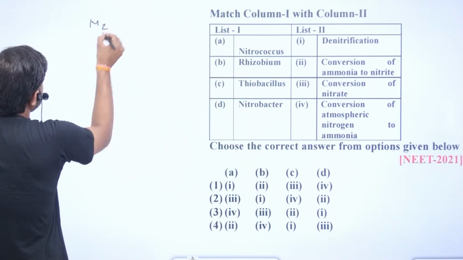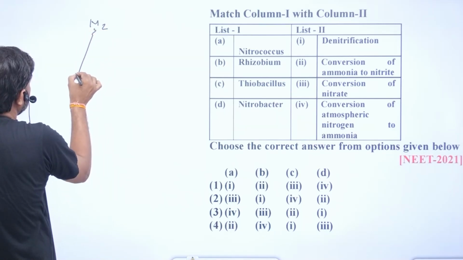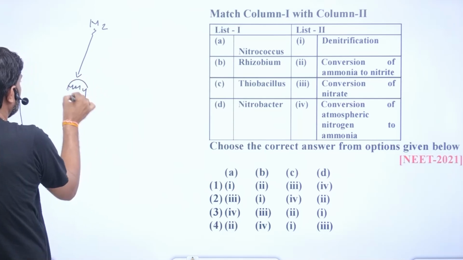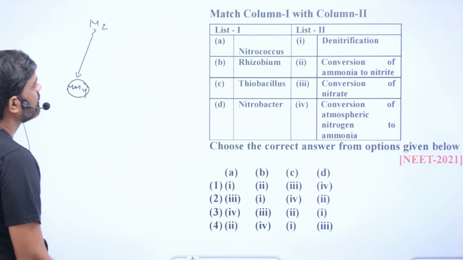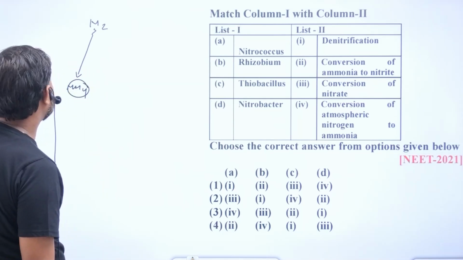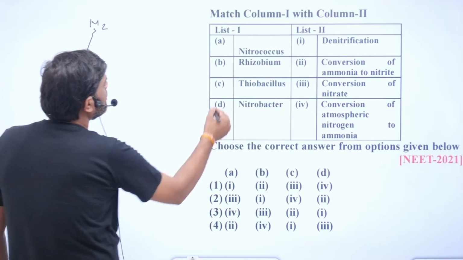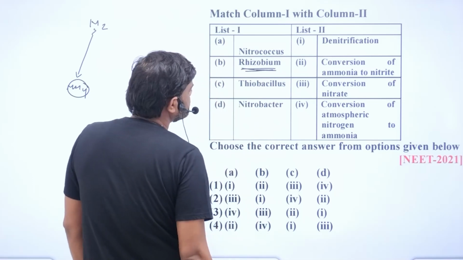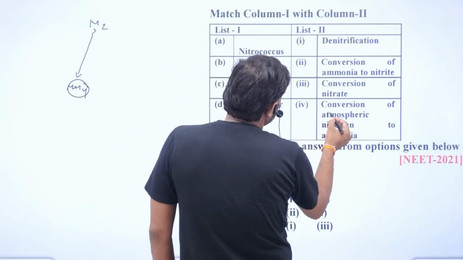Atmospheric nitrogen converts to ammonia, ammonium ions. This is biological nitrogen fixation, by Rhizobium bacteria.